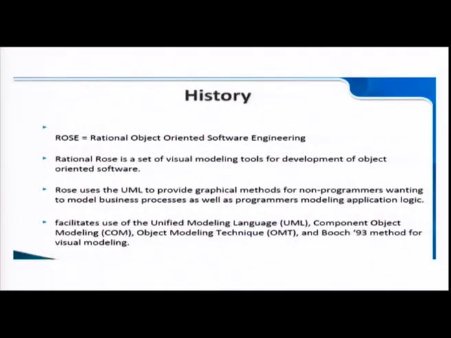Rational Rose is a set of visual modeling tools for development of object oriented software. Rose uses the UML to provide graphical methods for non-programmers wanting to model business processes as well as programmers modeling application logic. So, it is a confluence of people who are skilled in programming and those who do not know anything about programming.